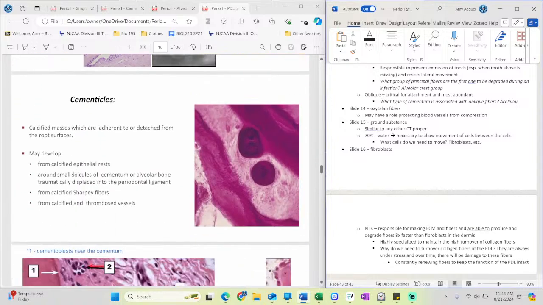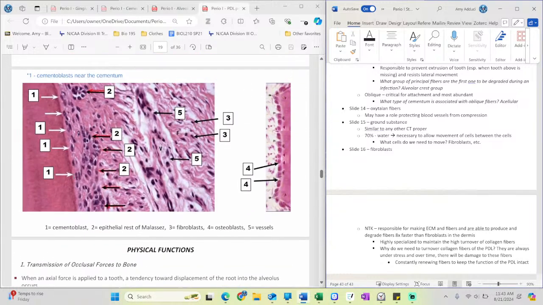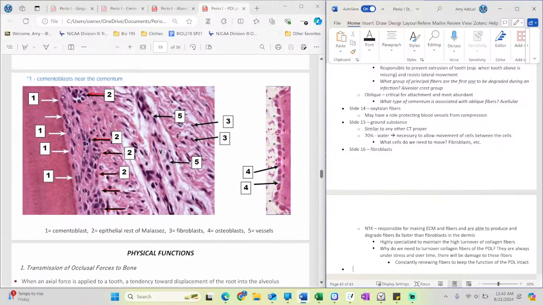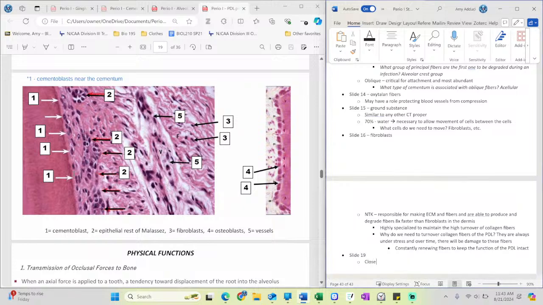From a histological point of view, remember, close to the cementum and attached to the line of the cementum, these cells are probably cementoblasts. If you see a group of epithelial cells like this one up here, those are examples of epithelial rests of Malassez. Most of the other cells around here are isolated cells. All of these nuclei here are fibroblasts.